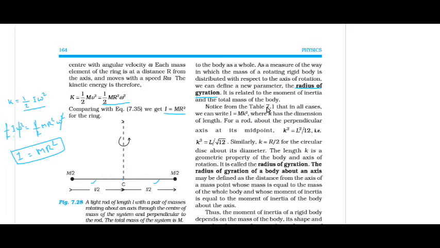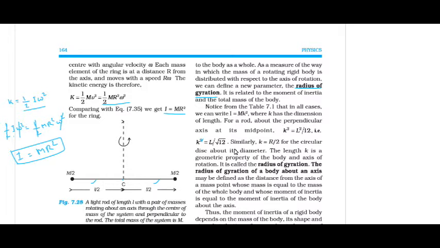Notice from Table 7.1 that in all cases we can write I is equal to mk square, where k is a dimension of length. For a rod about the perpendicular axis at the midpoint, k square is equal to L square upon 12, so k is equal to L by root 12.